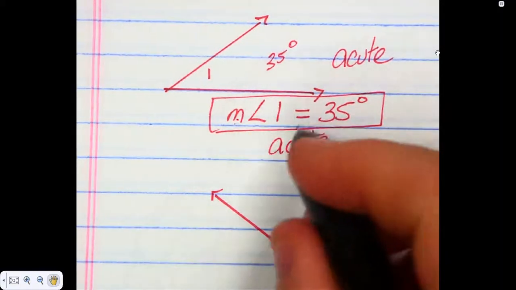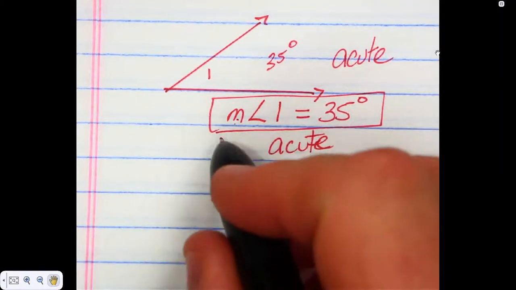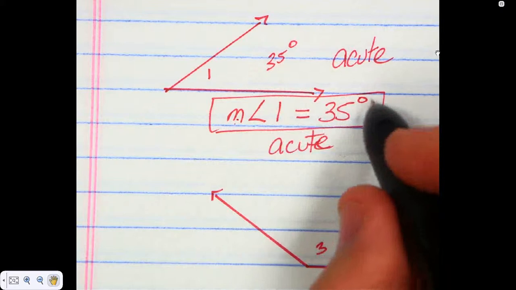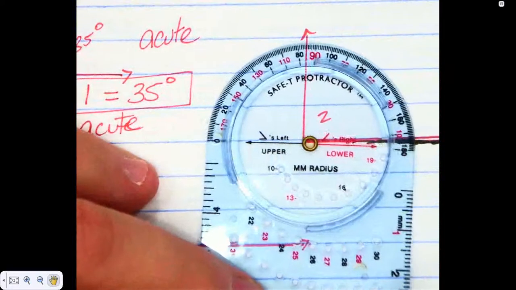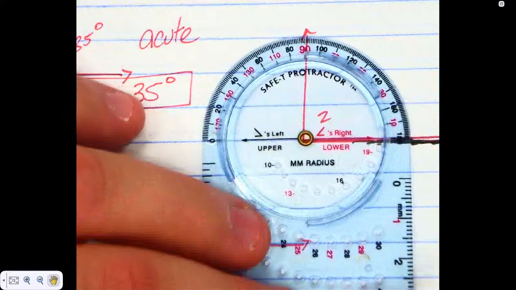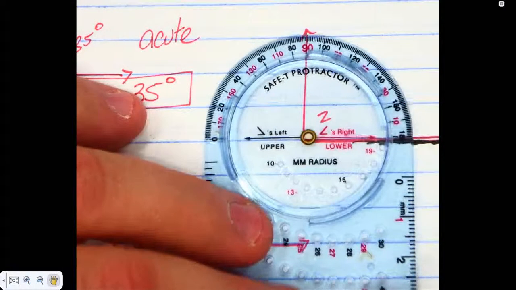You don't write angle 1 equals 35, you write measure of angle 1 equals 35 and then put the degrees. I'm just doing an example here, going over each part. I wanted to name what type of angle they are.